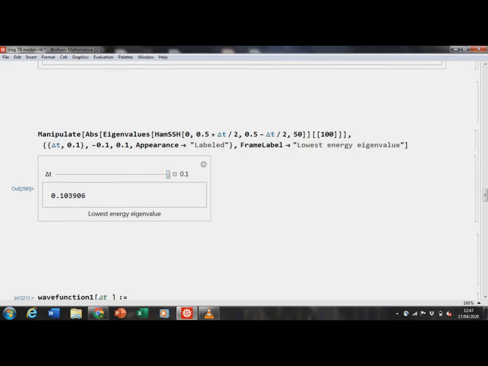Let's have a look at the eigenenergy of the lowest energy state. Delta T here is T1 minus T2, and if I look at a large delta T, I'm in the fully gapped phase, and I'll see that the lowest energy eigenstate is one that sits at the lower band edge, and that's then reducing as I reduce the delta T. As I reduce the delta T to 0, I have a metallic system, and the lowest energy state there, in this discrete system of 100 sites, is basically an energy of 1 over 100, which is 0.02.